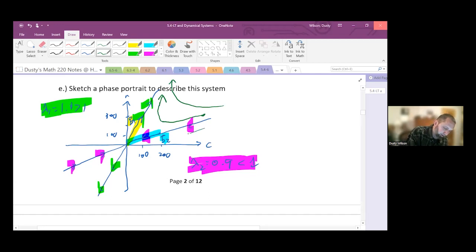Similarly, we could sketch it in the other areas. So our phase portrait looks something like this. This is what's called a phase portrait.